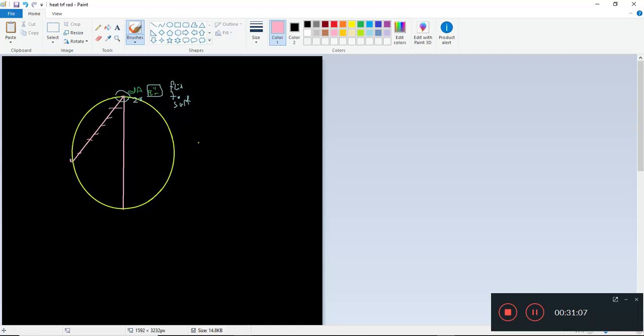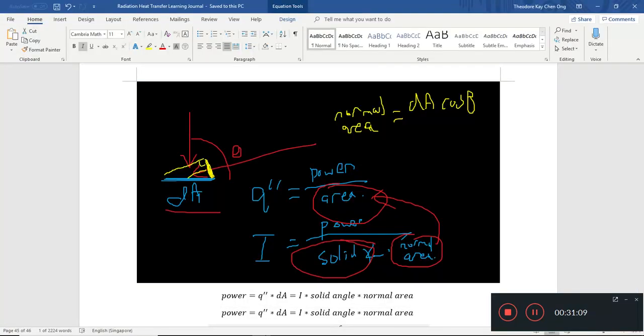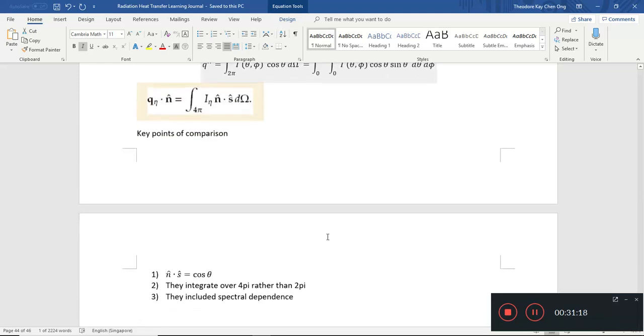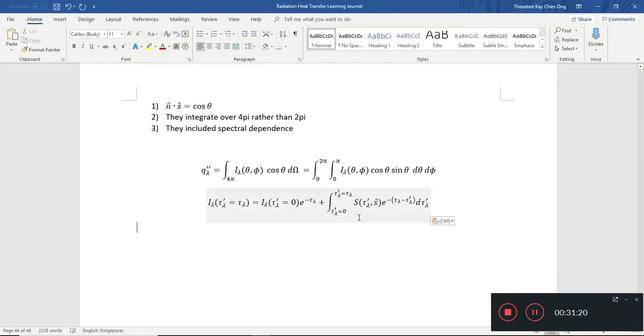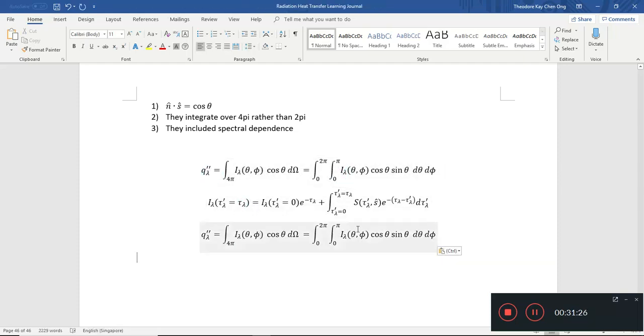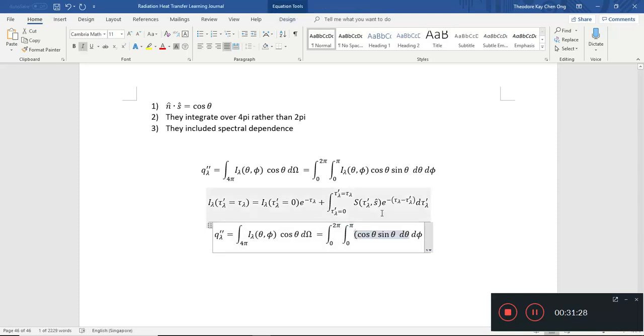Now if we were to substitute this whole thing in, the correct thing to do is to substitute it in here. This I lambda here is actually this, and if we substitute it in, it looks like a monstrosity.